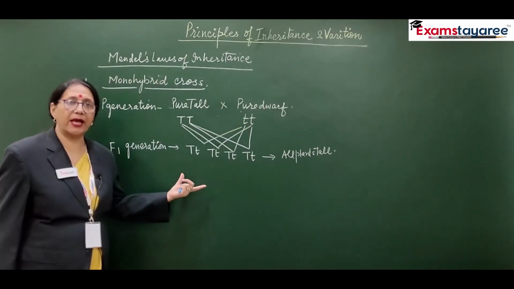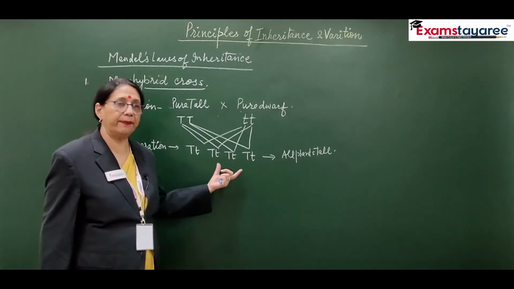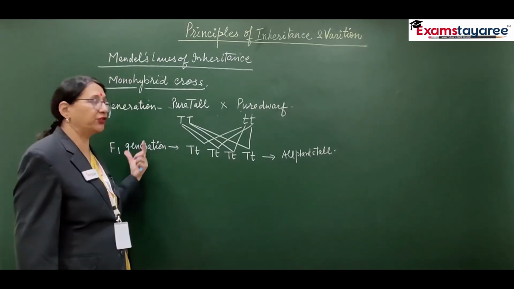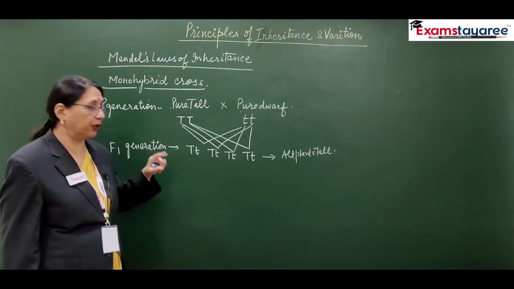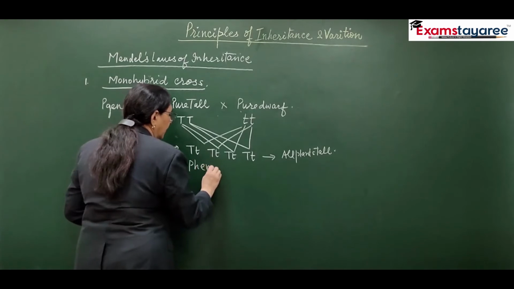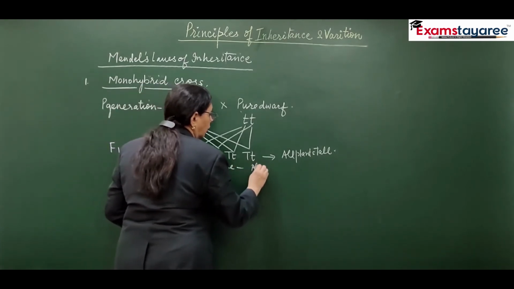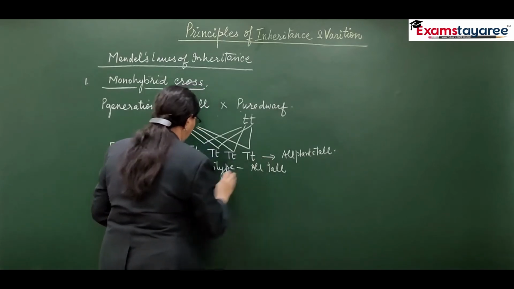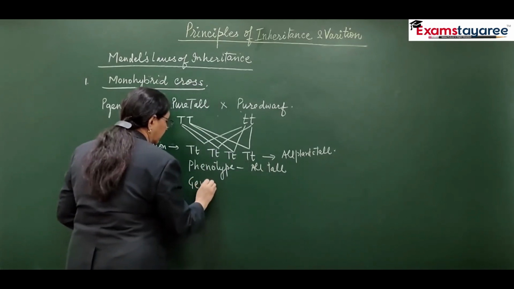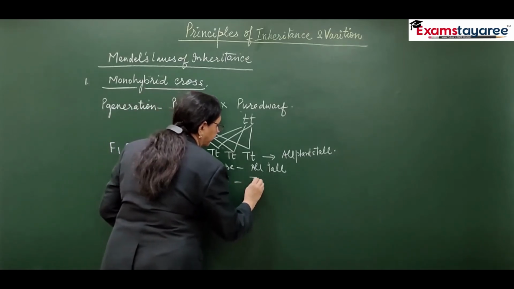So, in the exam it is asked: write down the phenotype and genotype of F1 generation of monohybrid cross. Then for you to understand, phenotype will be all tall and genotype will be capital T, small t.